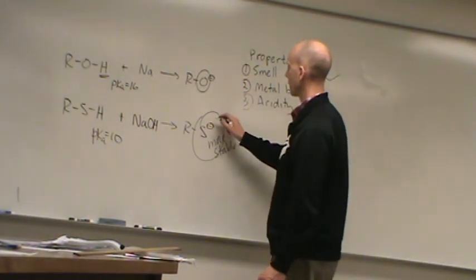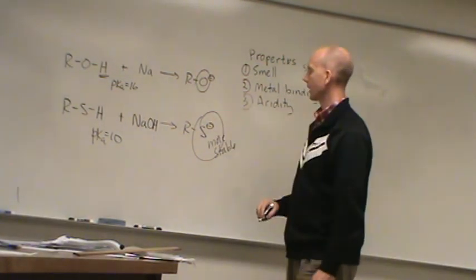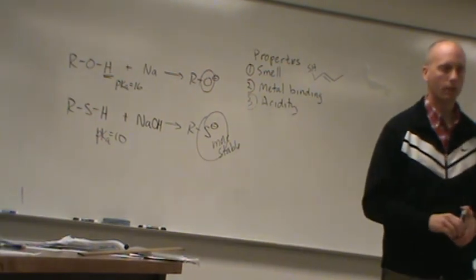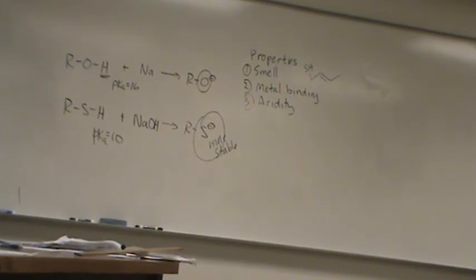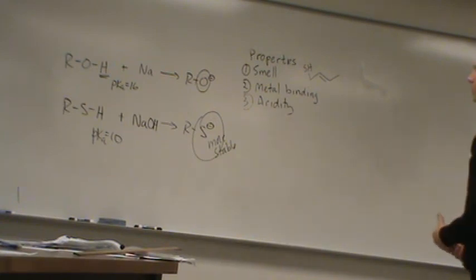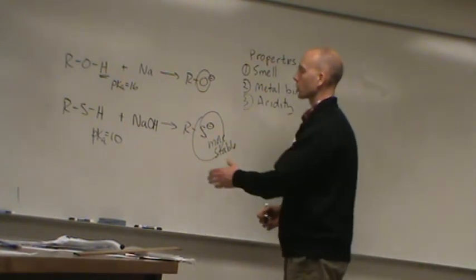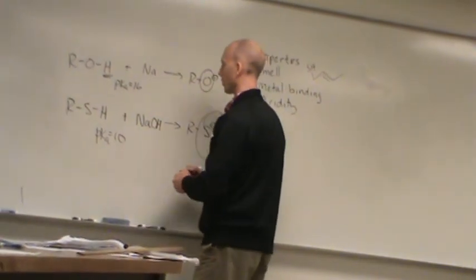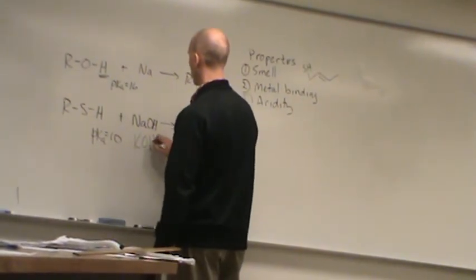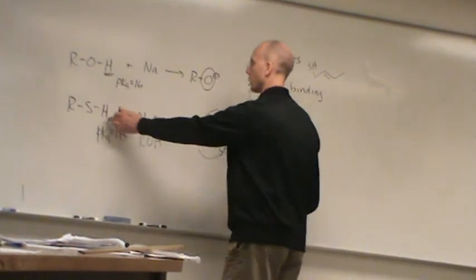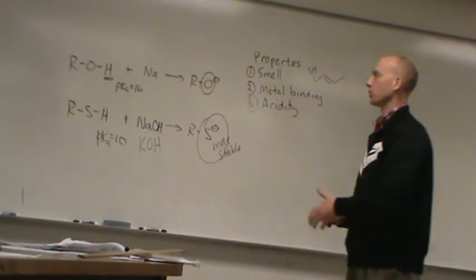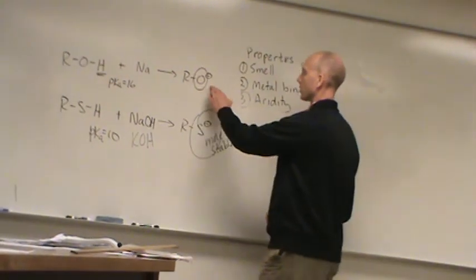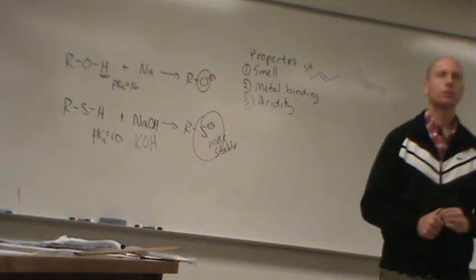So the larger volume allows that negative charge, that extra electron, to be more stabilized. So always remember that rule: the more volume, the more stable. So that's why I can use sodium hydroxide or potassium hydroxide to deprotonate that to its conjugate base. Up here I have to use something stronger to get that.